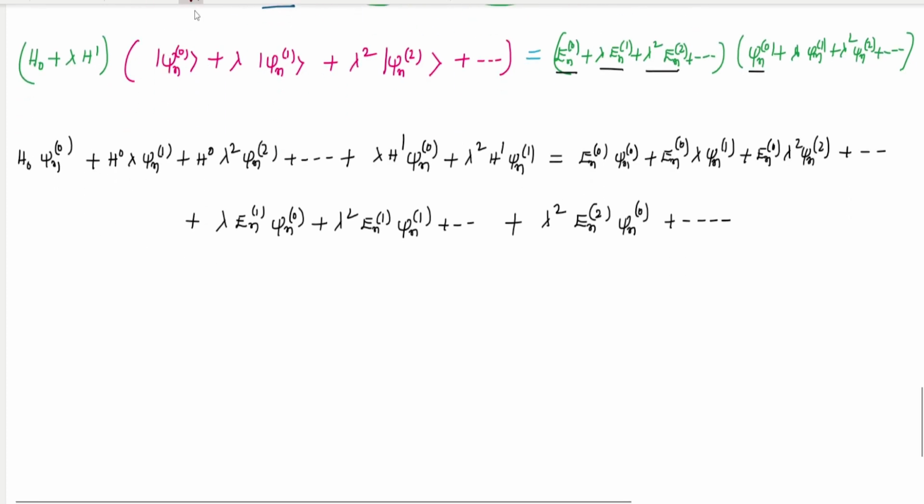So here I'm going to find the lambda not terms, lambda power 1 terms, and lambda square terms. I'm going to compare these three terms.